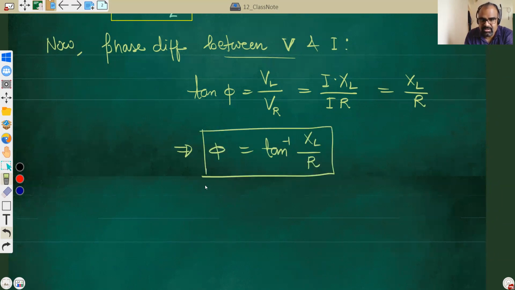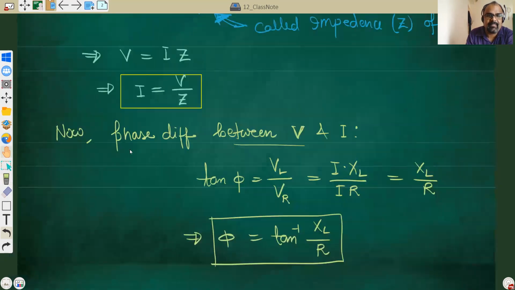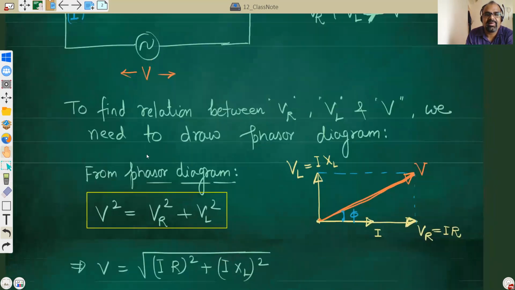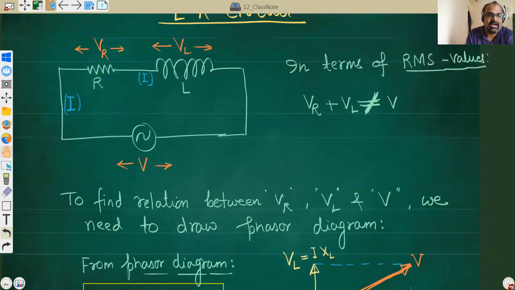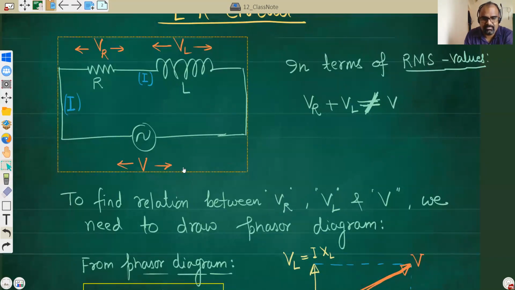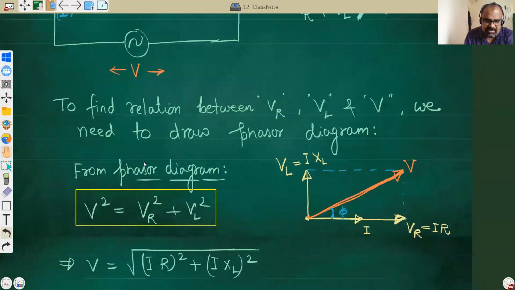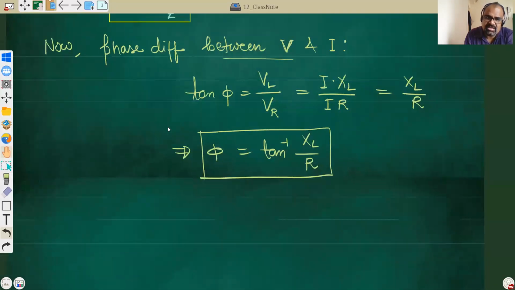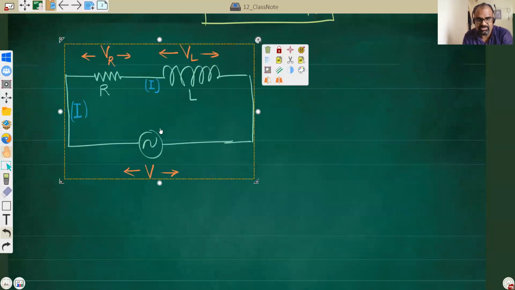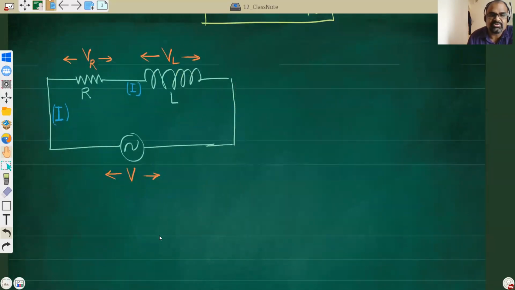Okay. Now here I want to copy this diagram because I want to now write in terms of instantaneous values. Finally I want to write in terms of instantaneous values.